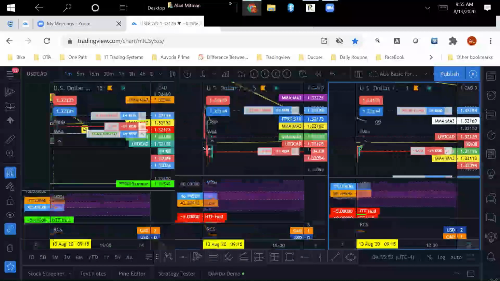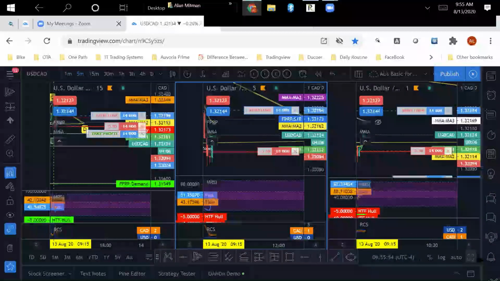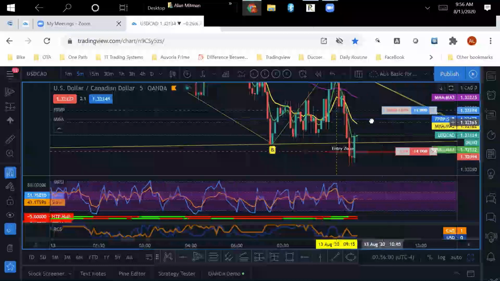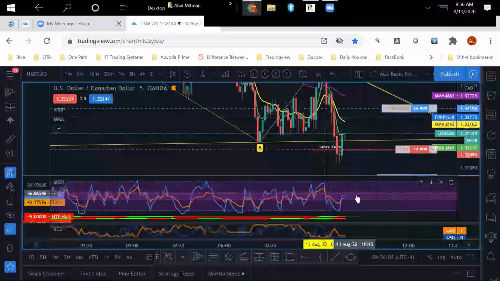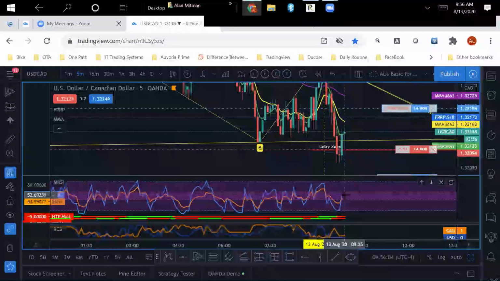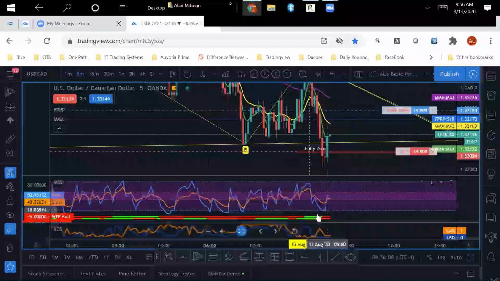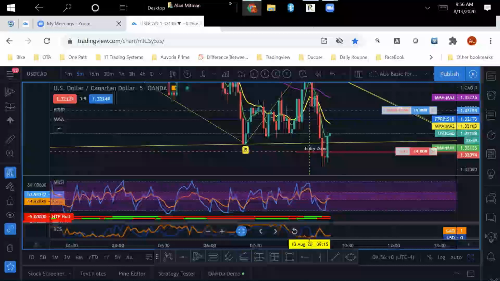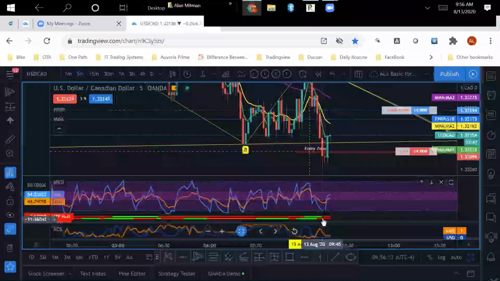Let's go to our 5 minute chart and see what we're looking at there. We had the hook back. These came up right into the 60-40 zone. Let's see if we can get a little hook to come back out of it again. Still red bars. If it's a strong move, we should be able to just maintain these red bars.